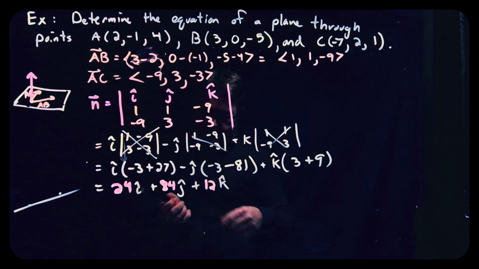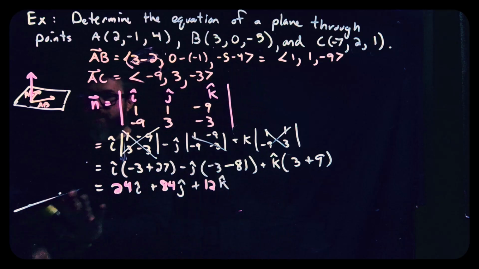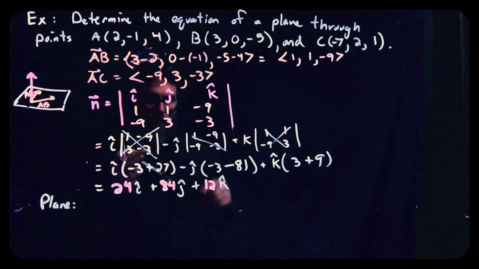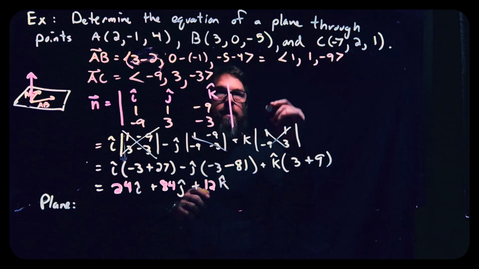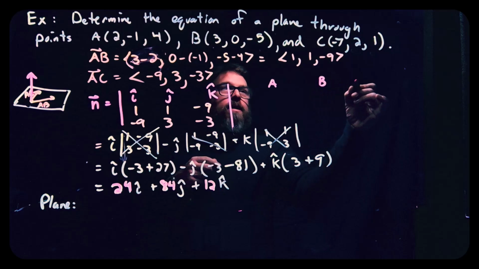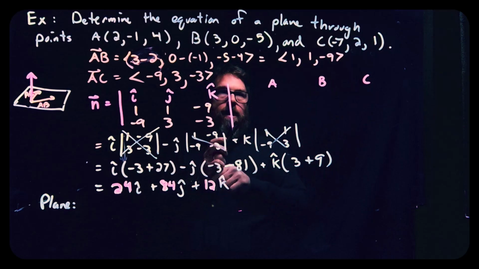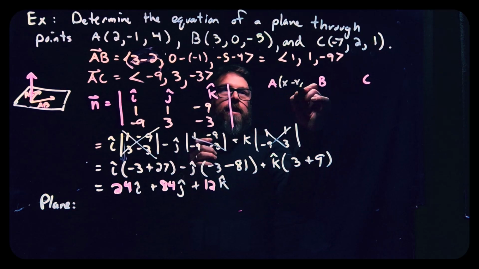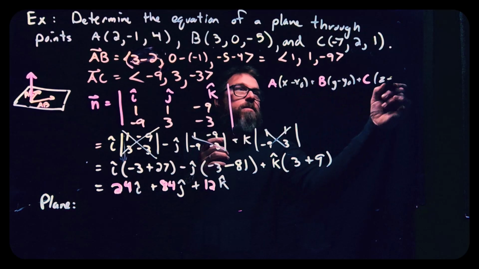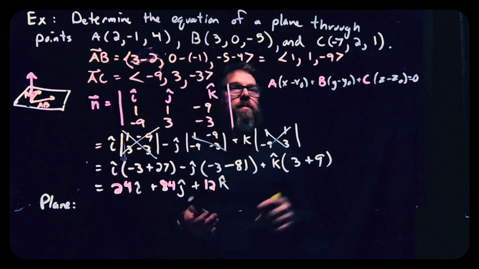So finally, our plane is going to be written as, I'll write the equation up here. This is going to be A times x minus x naught, plus B times y minus y naught, plus C times z minus z naught is equal to 0.